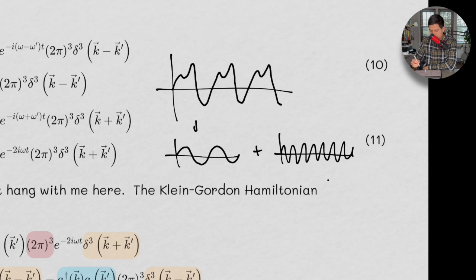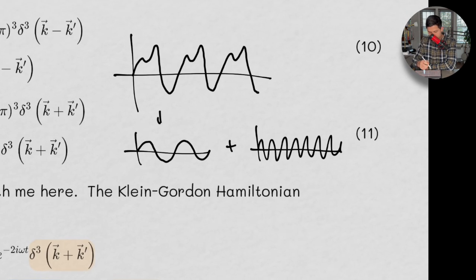I'm not really specifying anything too technical here, but the idea is that if you have some complex looking wave, well, that's the sum of simpler waves. And these simpler waves, again, they have frequencies.